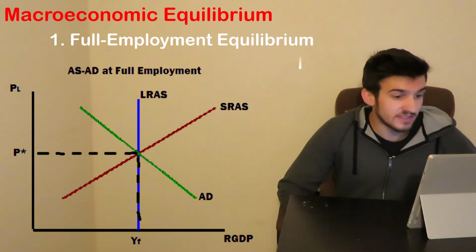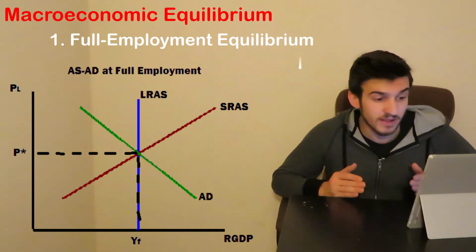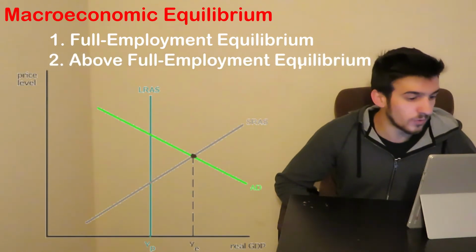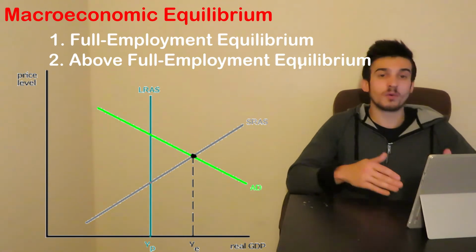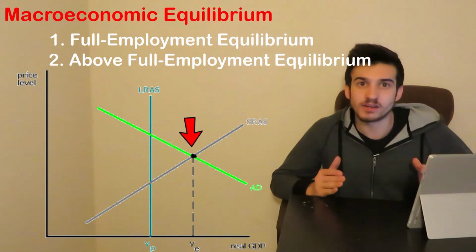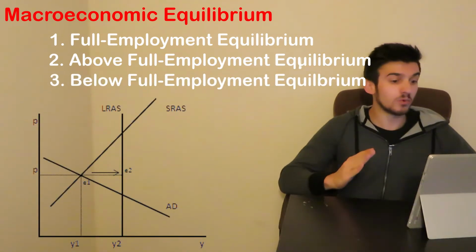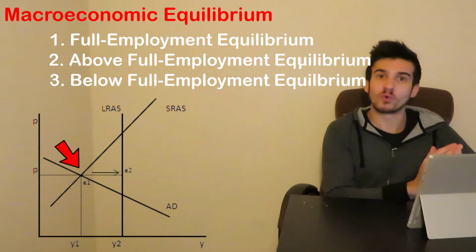So basically this means that our aggregate demand, short-run aggregate supply, and long-run aggregate supply all intersect at one point on the graph. We then have above full employment equilibrium. This is when our equilibrium real GDP is going to exceed our long-run aggregate supply, as shown here. And last, we have below full employment, where our equilibrium real GDP is going to be less than our long-run aggregate supply or potential GDP.